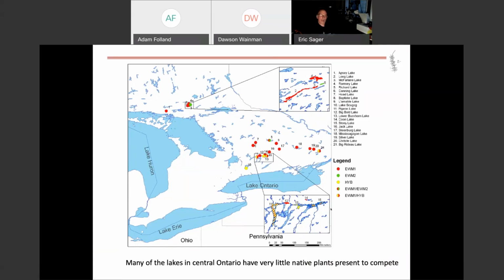And one of the cool stories that's come out is that the classical invasion story or introduction story for Eurasian water milfoil came in through the Chesapeake Bay and then moved west up through the different waterways associated with the Great Lakes.